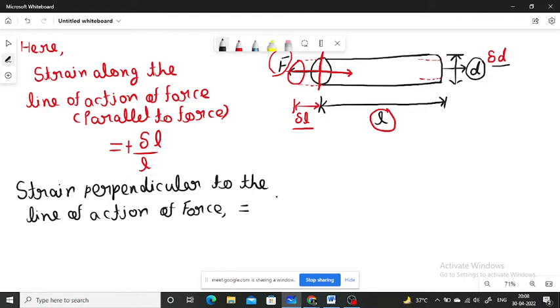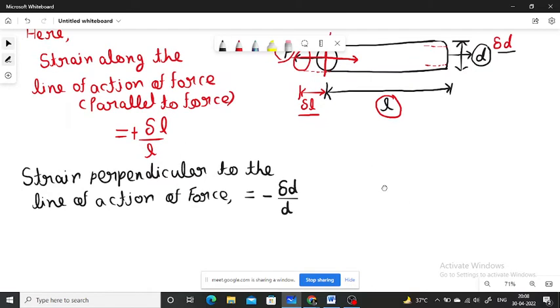So the change in dimension upon initial dimension is the strain. Here, due to this tensile force, the perpendicular dimension which is diameter will be decreased, so the strain perpendicular to this line of action of the force will be minus.